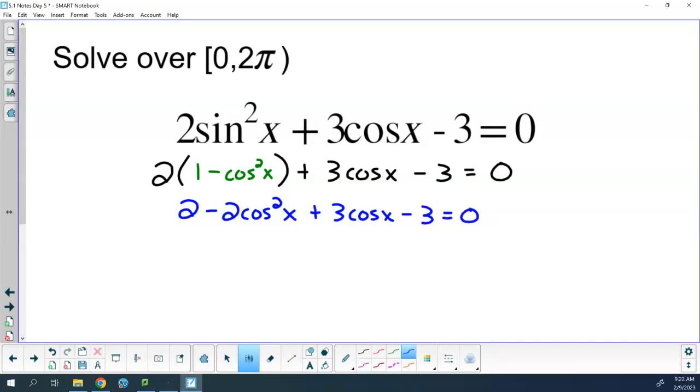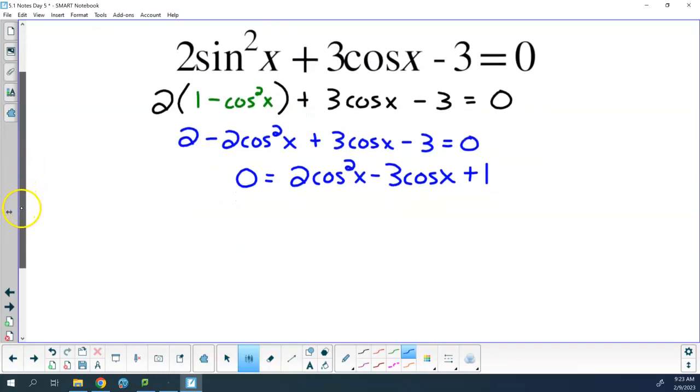Do we want to keep everything on the left side, or should we move everything to the right side? Which one, Zoe? Why do we want to move everything to the right side? Because we get a positive squared term? Yeah, because we get a positive squared term. Okay.